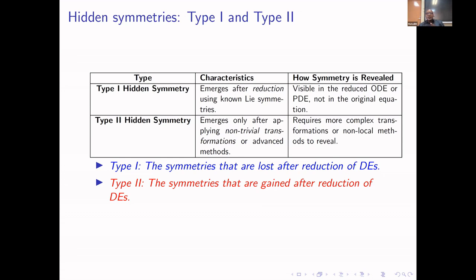When you reduce the order in the case of an ODE, you find that some symmetries are lost. So these are type 1. And when you conduct the reduction and you find that you gain some symmetry, as in my case in this model, these are the type 2 hidden symmetries.